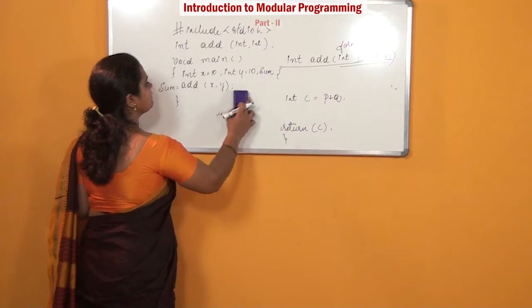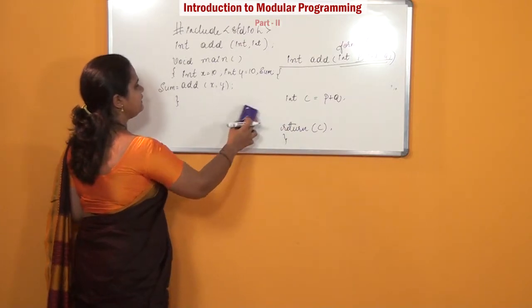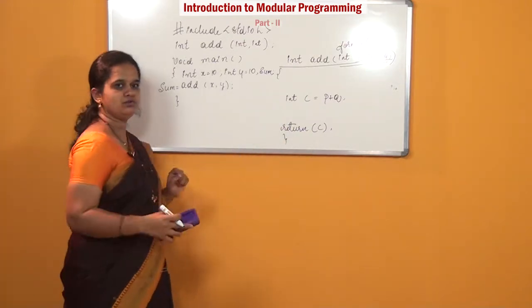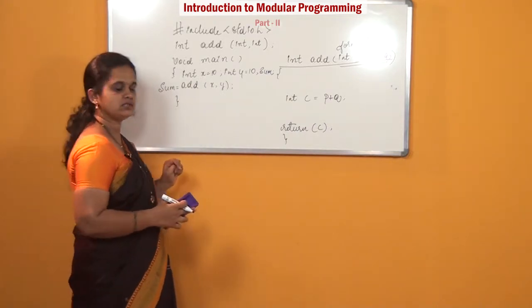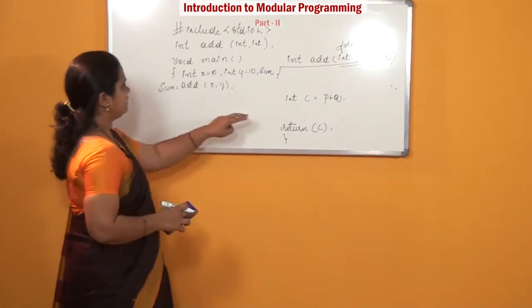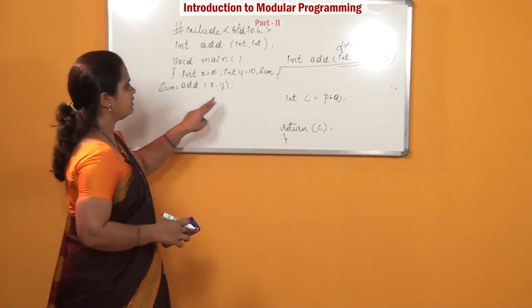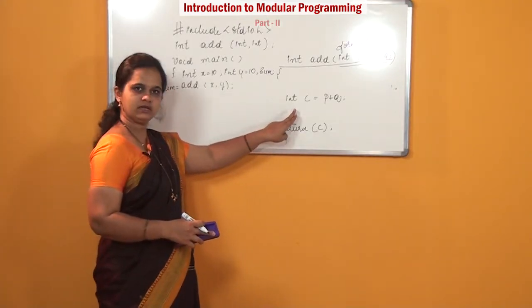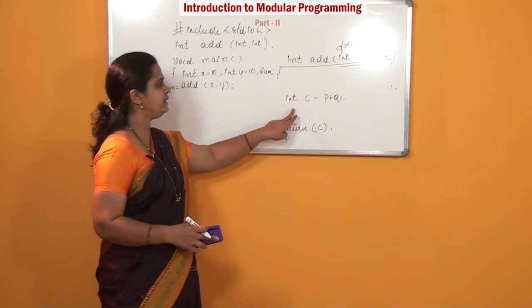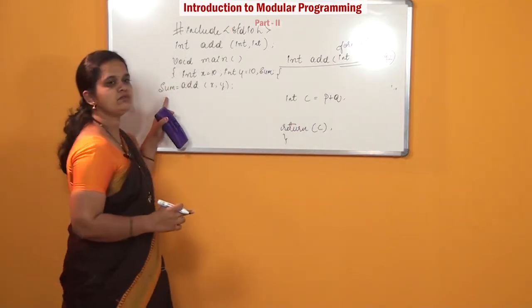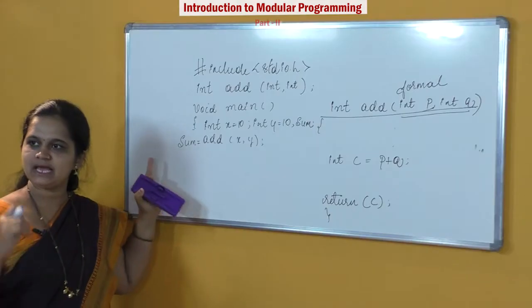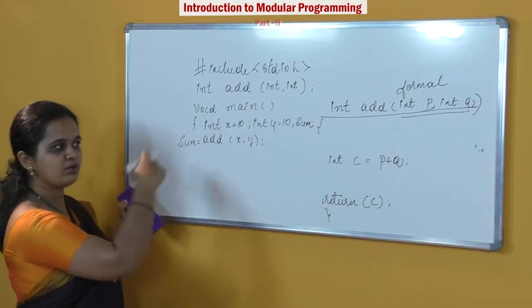So now the printf statement should be written where? In the user defined function or in the main function? It is in the main function, because the value is returned here. It is not retained here in the function. From here I am returning the value. So sum is the variable which actually has the value thrown from there.